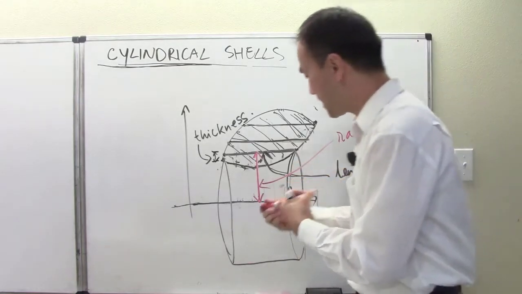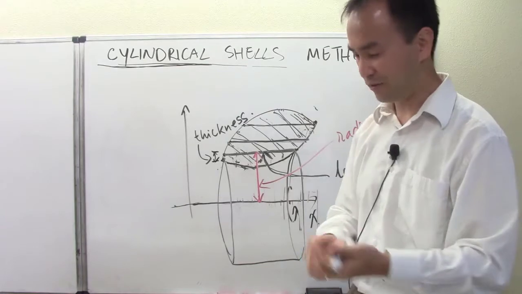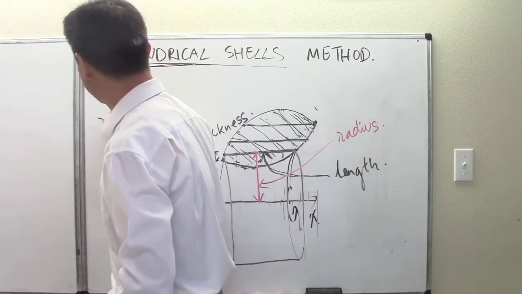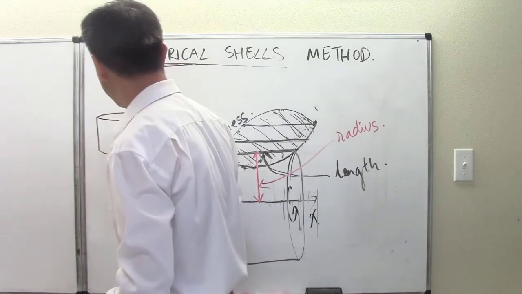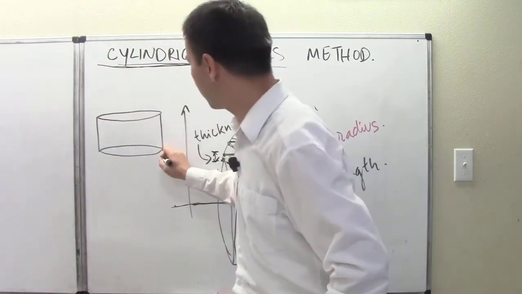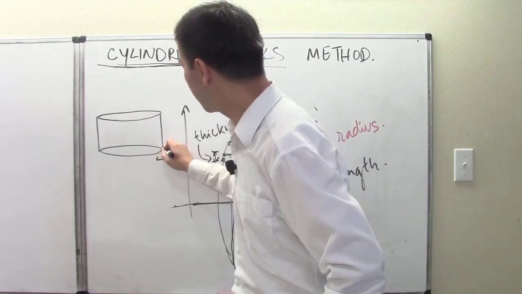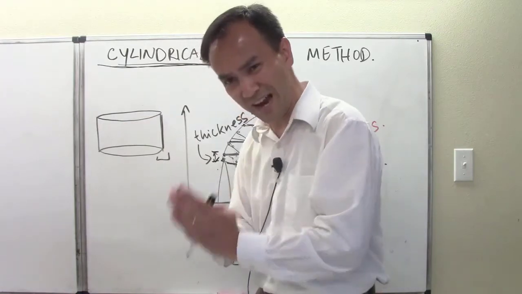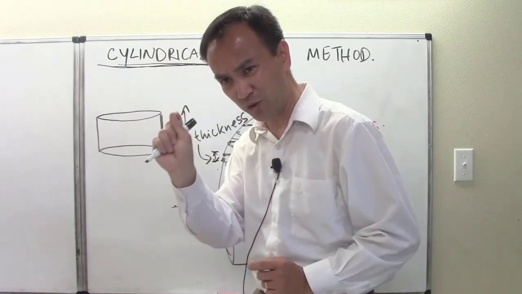Think about a piece of paper. Let me put a vertical version, an upright version of the shell right here, like a drum shell. Okay, so we have thickness. That's this part right here. No matter how thin or how thick that is, and we're in calculus now, we're talking about infinitesimally thin.